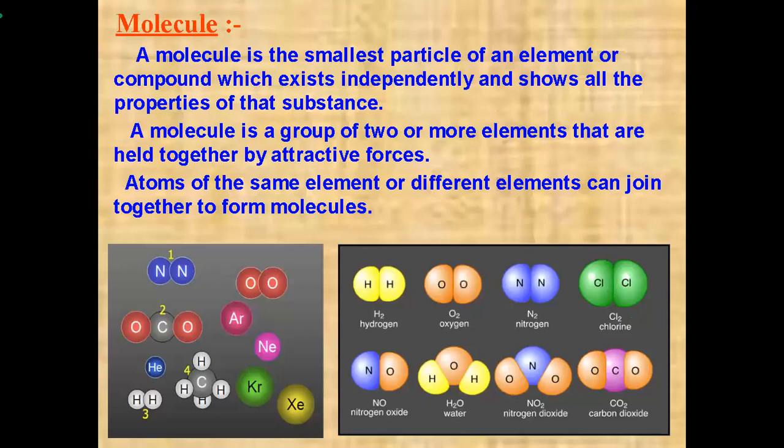Molecule. What are molecules? A molecule is the smallest particle of an element or compound which exists independently and shows all the properties of that substance. A group of atoms held together by attractive force is called a molecule.